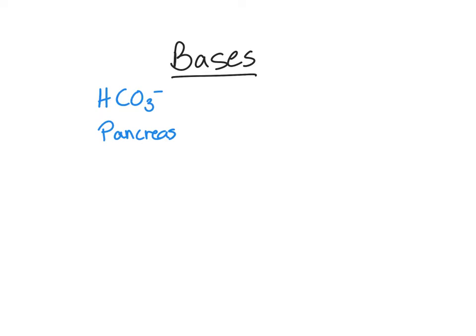So it makes sense that in your intestines, you would find a lot of base. Also, your kidneys can reabsorb bicarbonate ions from your blood during the filtering process, so they also play a significant role in regulating the base level within your body.